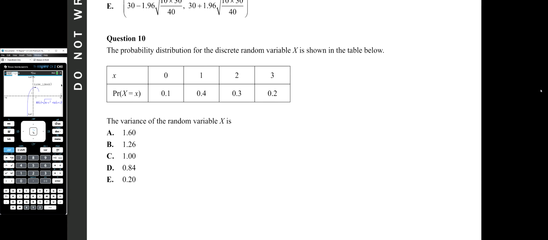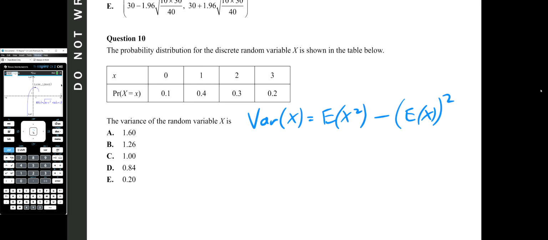We have a PDF for the distribution for discrete random variable x, and we want the variance. Okay, so we know that the variance is given by Var(X) equals E(X squared) minus E(X) all squared. All right, so E(X squared), that's just the top squared times the bottom, so we'll go back to our calculator.